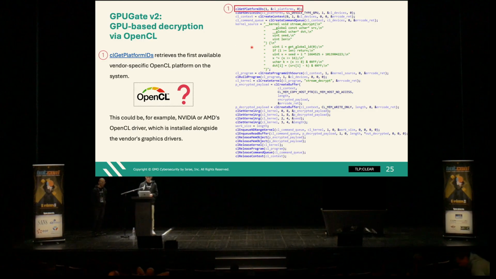On the right is the sequence of API calls used by GPUGate version 2 to decrypt the embedded payloads. The first API call is clGetPlatformIDs, which retrieves the first available vendor-specific OpenCL platform on the system. This could be NVIDIA's or AMD's OpenCL driver that was installed alongside the vendor's graphics drivers, originally by the user or with the system.